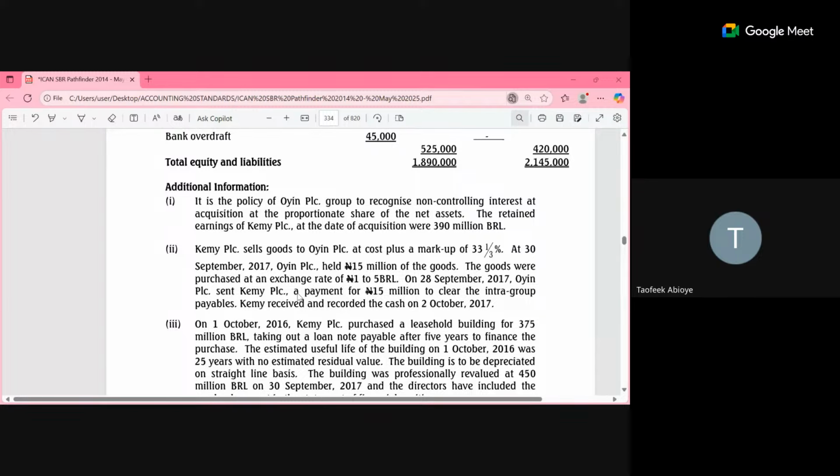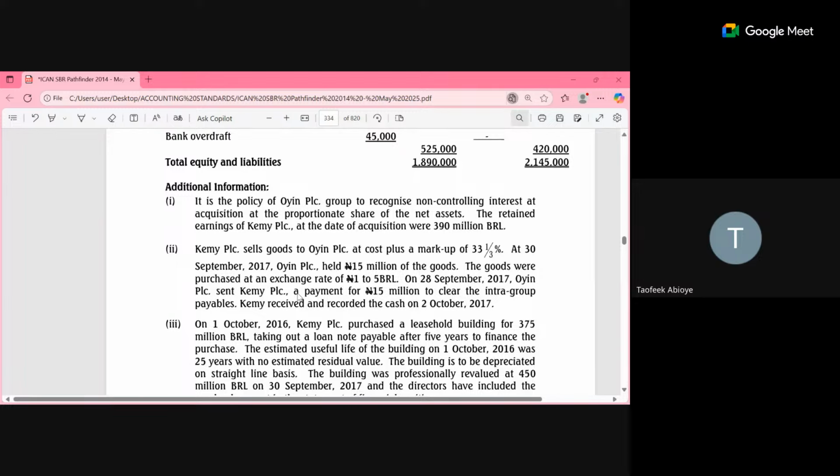The only time the examiner tells us that NCI is valued at full goodwill, that means fair value method, NCI might be given. In fact, majority of the time NCI will be given. But when it is proportionate share of net assets, we will calculate NCI. That is note number one that we must take note of.